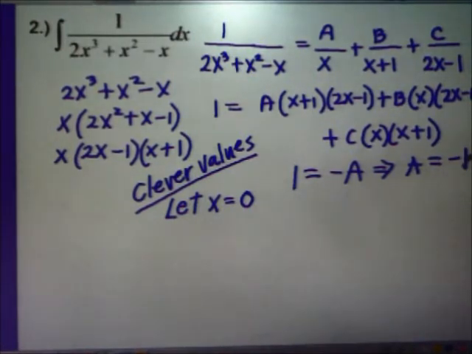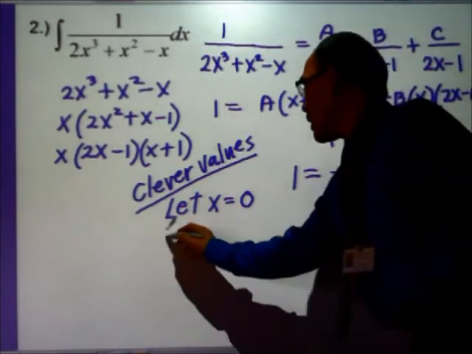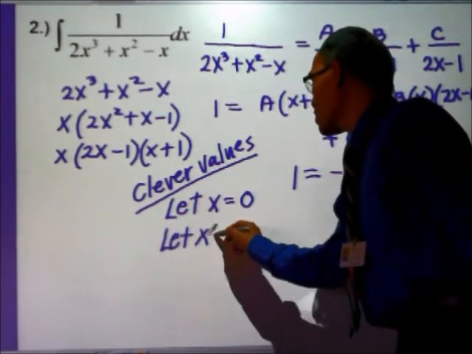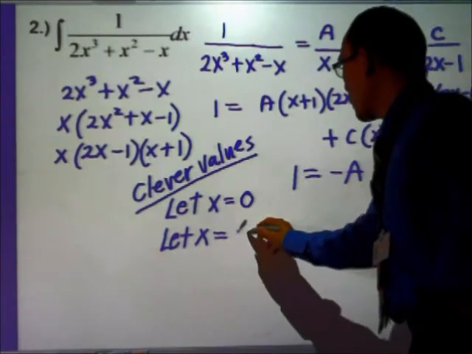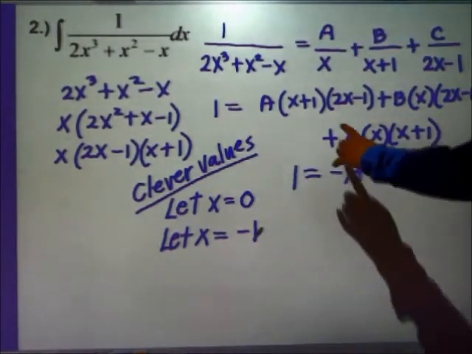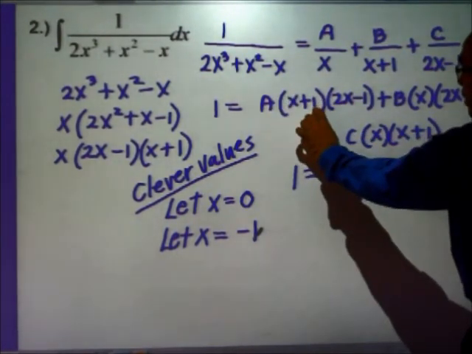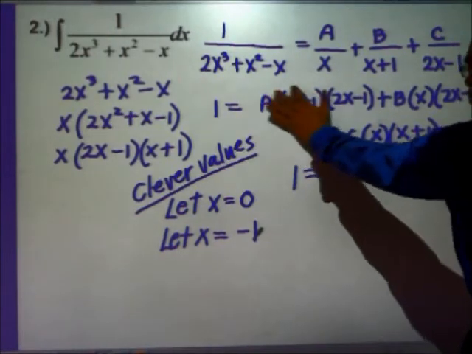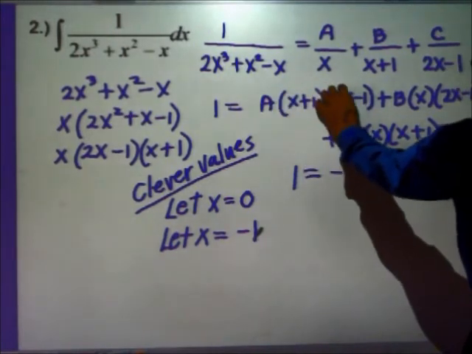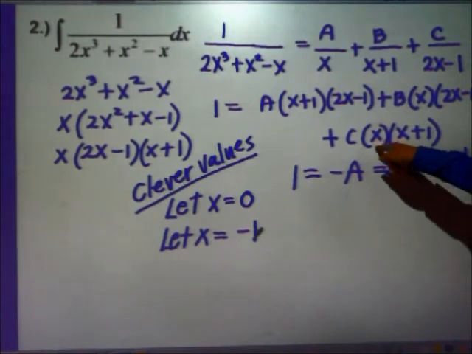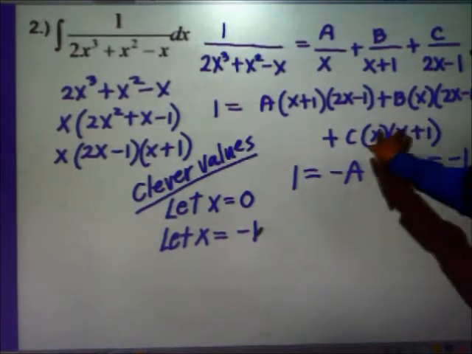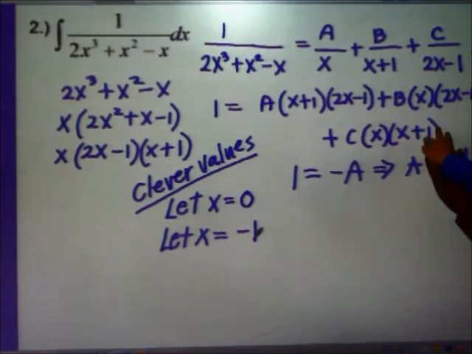Now, what other value can we use? We can let x be -1. So if we plug in -1 here, all of this will become 0. If we plug in -1 here, all of this will become 0 as well.